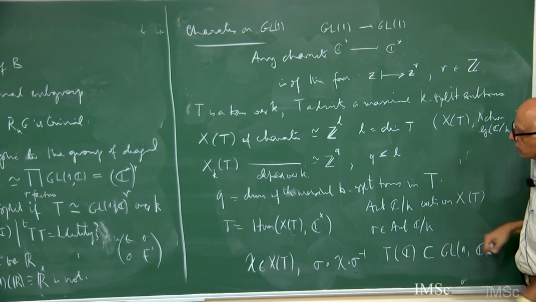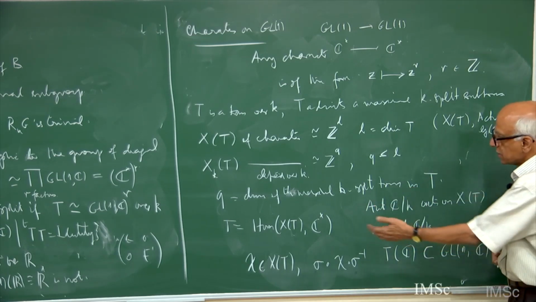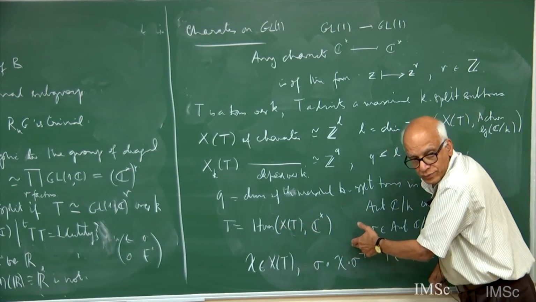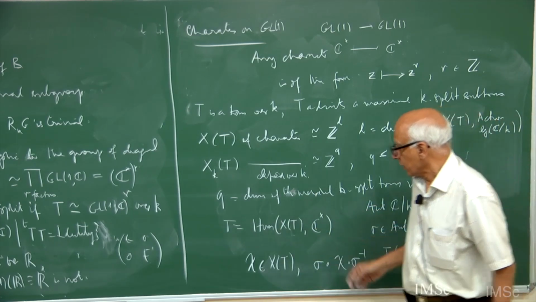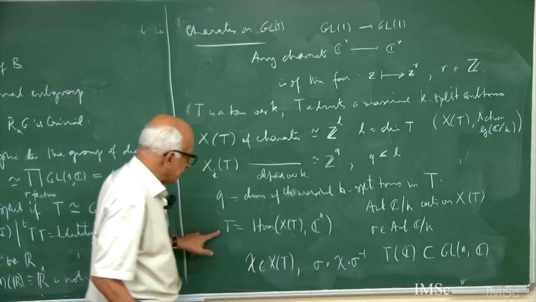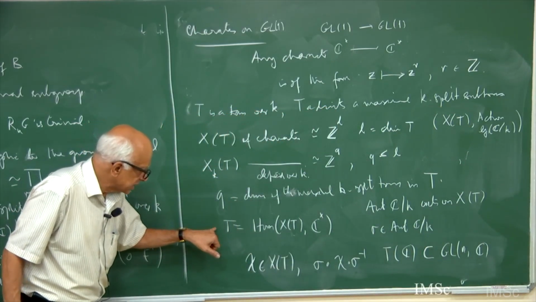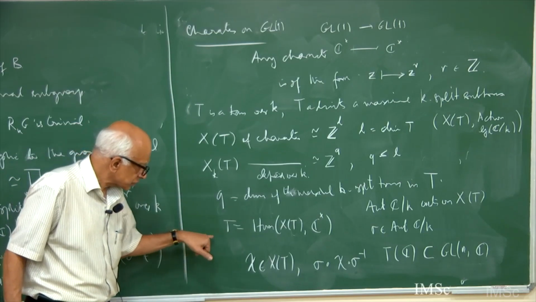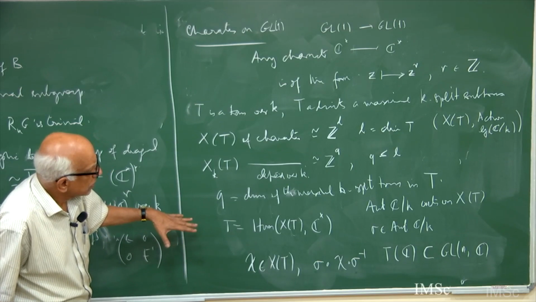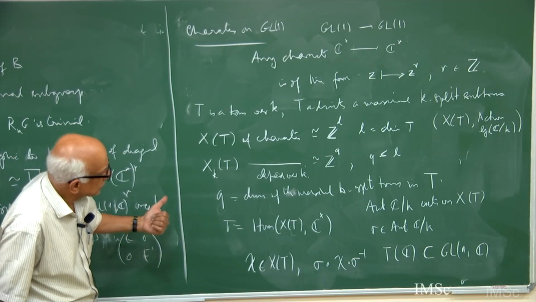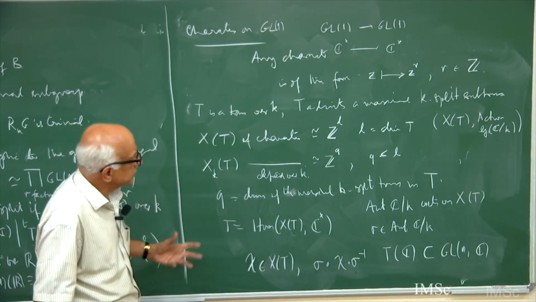After all, T over the complex numbers is nothing but Hom(X(T), C*). On this, the Galois group operates.